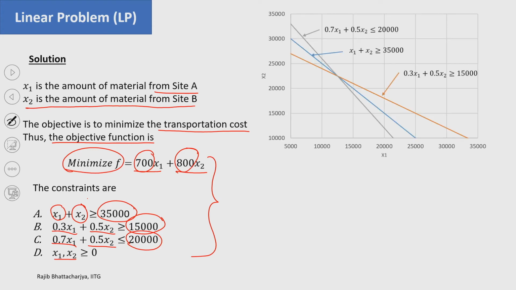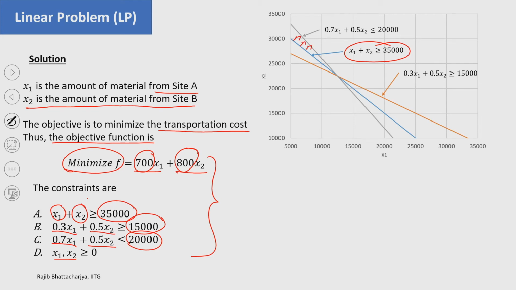If I plot it, the blue line is basically x 1 plus x 2 equal to 35,000. Since it should be greater than, the value should be on this particular side.